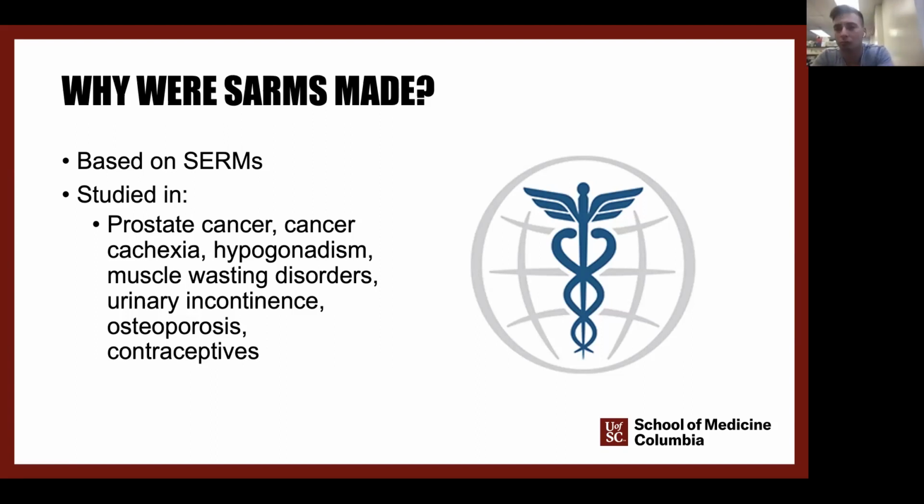Other ones are going to be things like Nolvadex. They're going to be other selective estrogen receptor modulators. Exactly. So these SERMs, like tamoxifen, was one of the ones Stephen was mentioning. So tamoxifen is a selective estrogen receptor modulator.